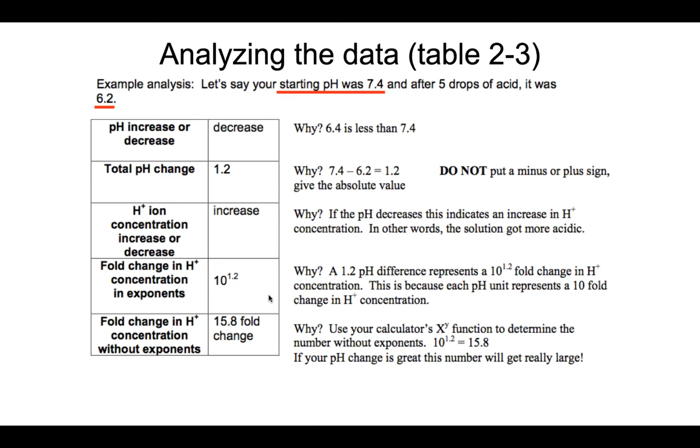So if it was just a 1 pH change, then it would be a 10-fold difference. In this case, it was a 1.2 pH change. The fold difference would be 10 to the power of 1.2. And then down here, all we want you to do is take 10, put it to the power of 1.2, and that'll give you a straight-up number for the fold change instead of having it represented as a power. So that is the data that you are going to analyze.